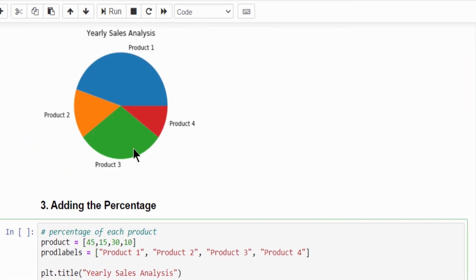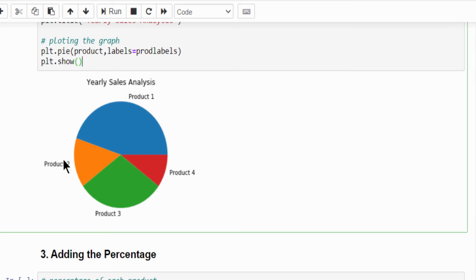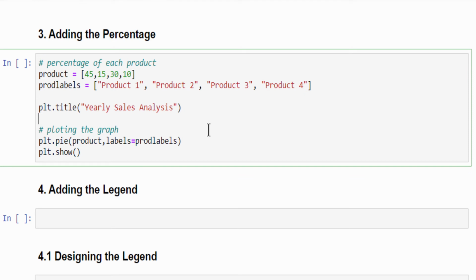Next, let's try to generate the percentage, because it's not fully good, right? We have to mention how many percent each product is. To mention the percentage, it's very easy. We have to add one more parameter, autopct equal to percentage 1.1f percentage.